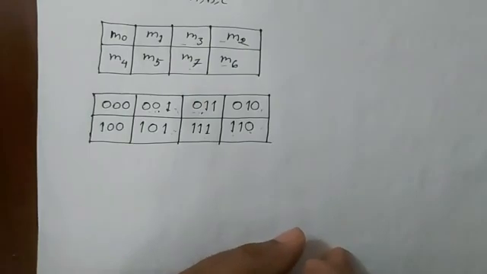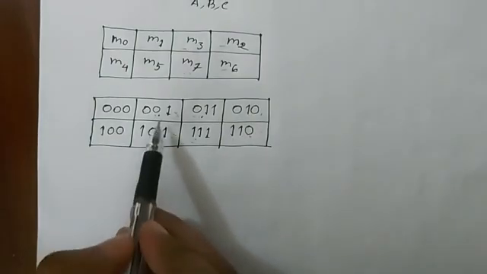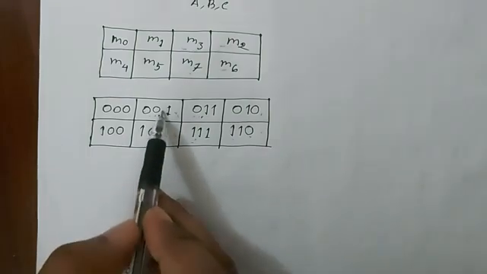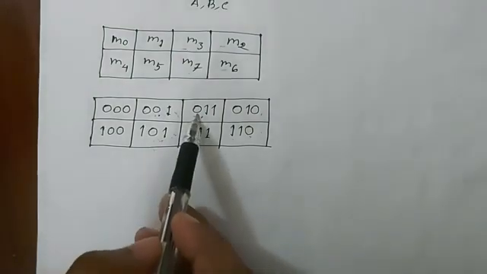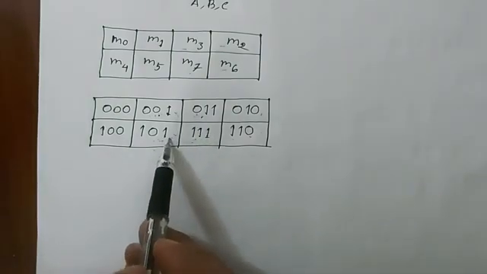Another thing is, if we think in the opposite way, if there is one bit difference, then those cells are adjacent. This one and this one have one bit difference, so yes, they are adjacent. Or this one and this one have one bit difference, so they are also adjacent. But if we think this way, suppose this one and this one, are they adjacent?